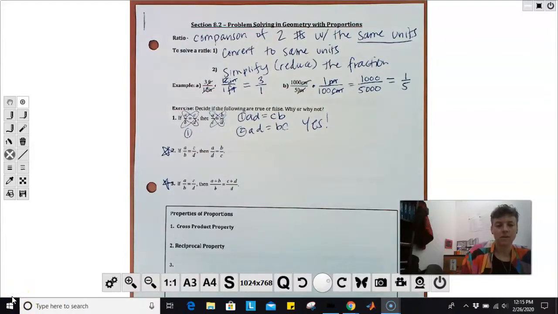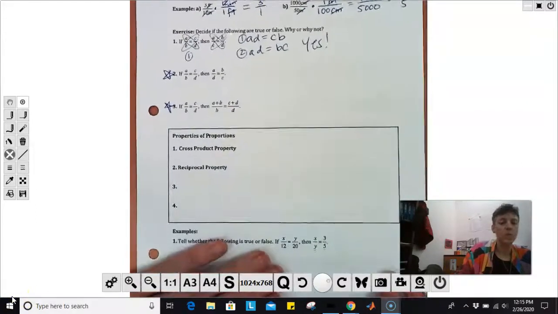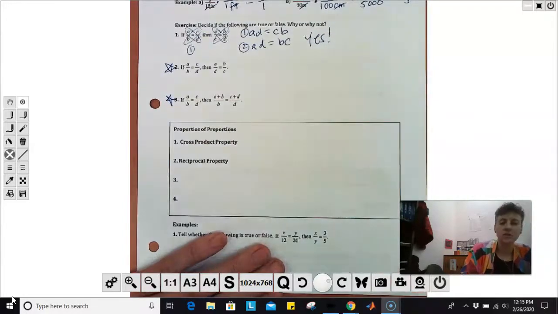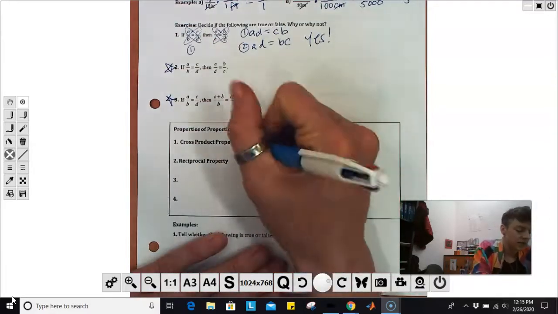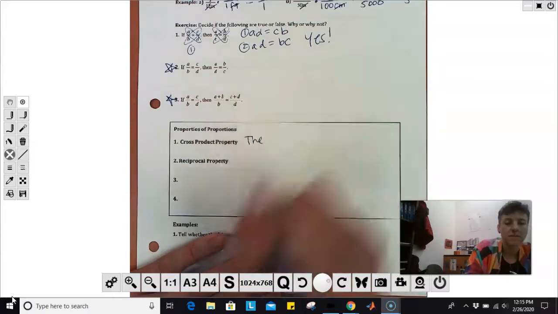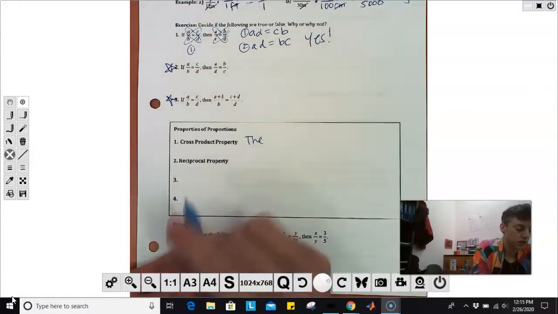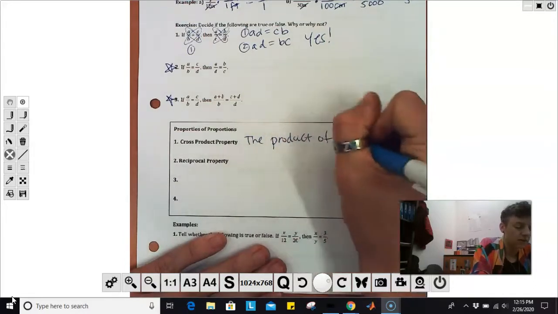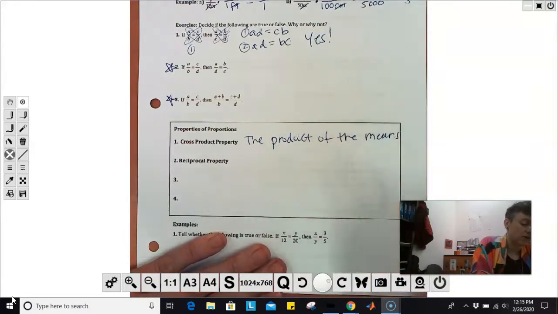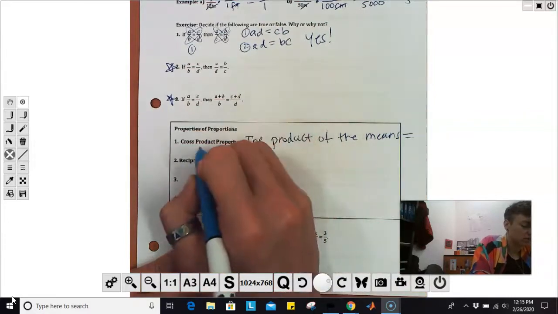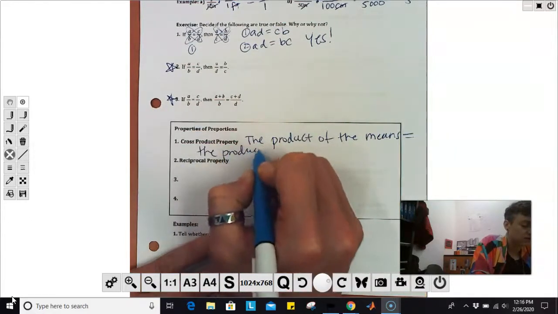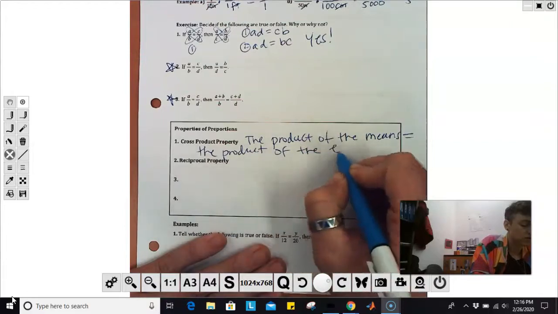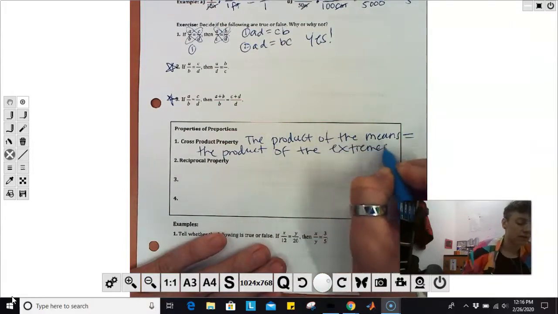So then let's look at some properties of these proportions. We talked about these two in our last set of notes, so let's just remind ourselves what the cross product property says. It says the product of the means equals the product of the extremes.